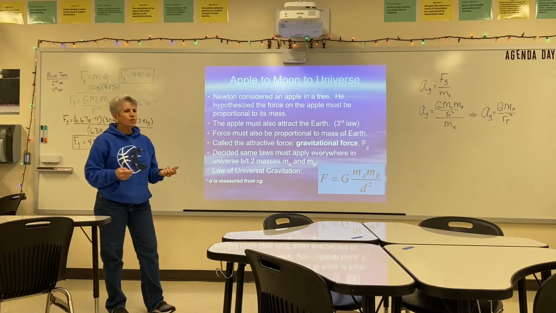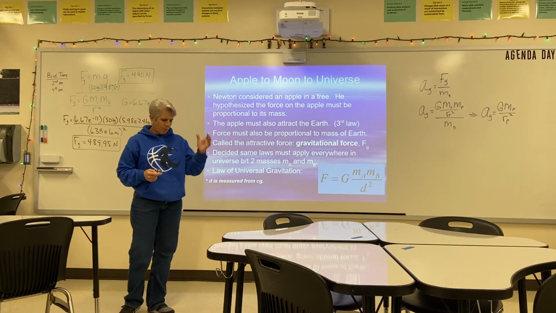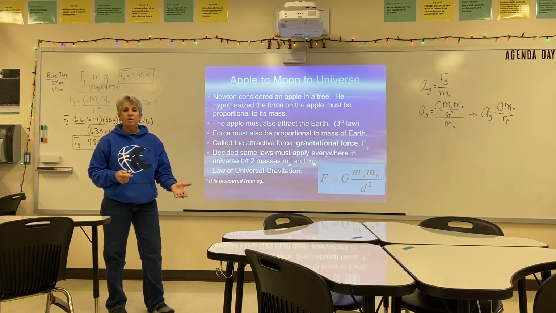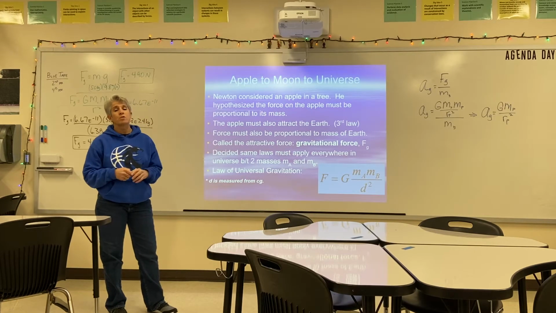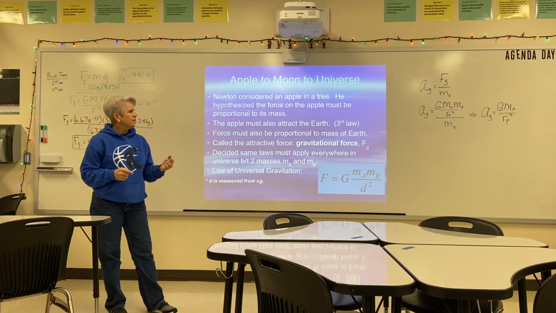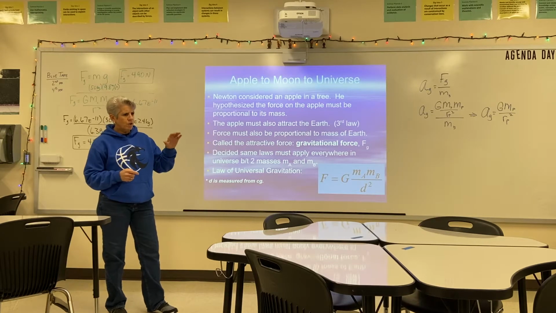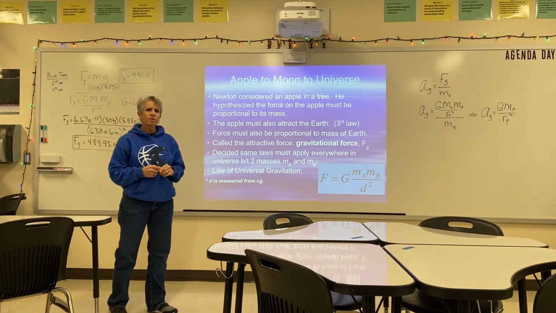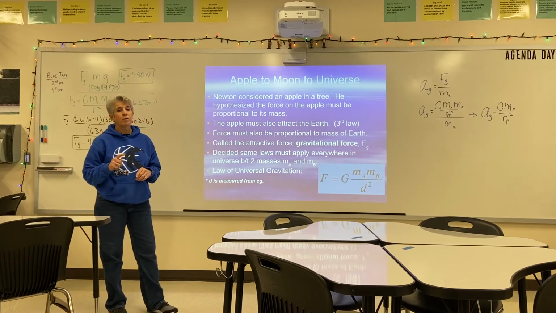But then he also knew that if the apple was attracted to the earth, then the earth must also be attracted to the apple, which is what we would come to find in Newton's third law. He figured that the force that the earth pulls on the apple with must also be proportional to the mass of the earth.